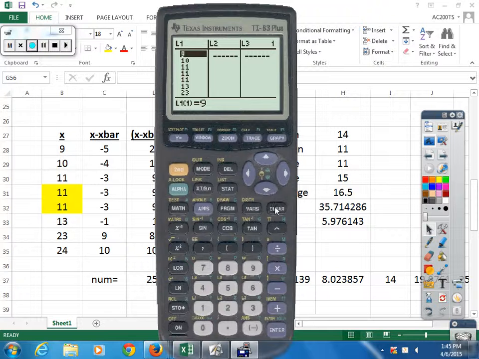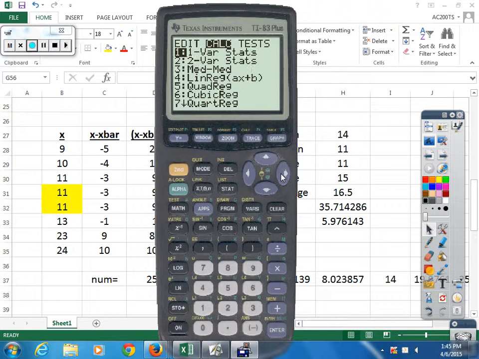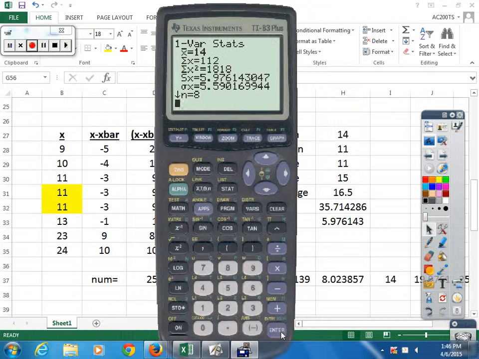Now I want to hit the Stat key, go to Calc, 1-Var Stats, hit enter, and L1 is the default. And there you go.